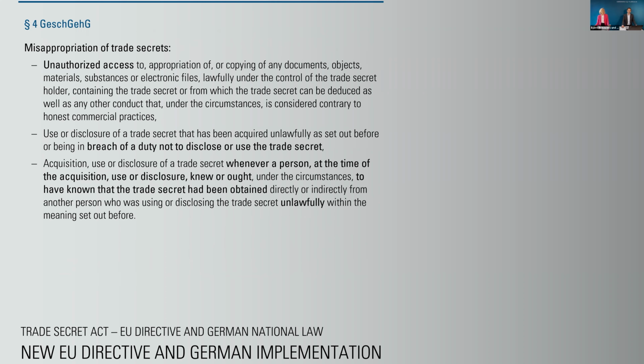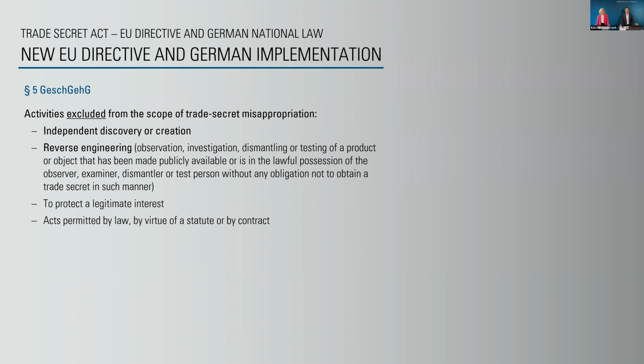But that is now one point which makes it clear that a trade secret is not an absolute IP right, because what is not secured is that another party, if you have a digital product with lots of data and algorithm, but there's another company that is copying the business model and generating its own data and its own algorithm, and it works like your product, then it's not a misappropriation of the trade secret, because independent discovery or creation of such trade secrets by other companies is possible.